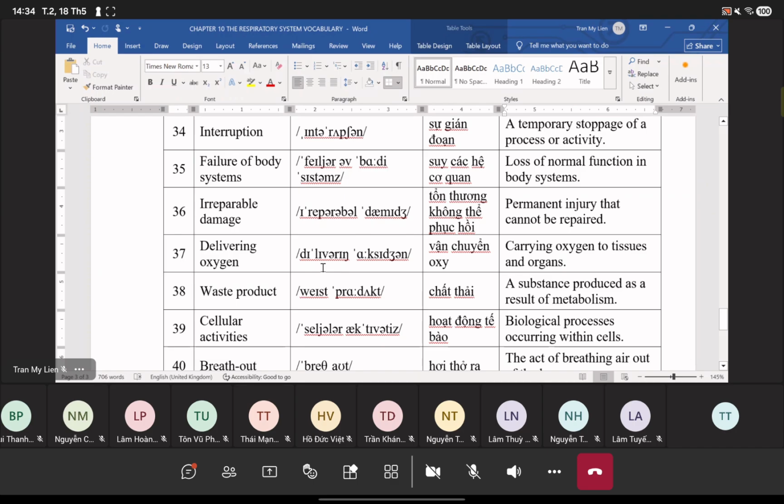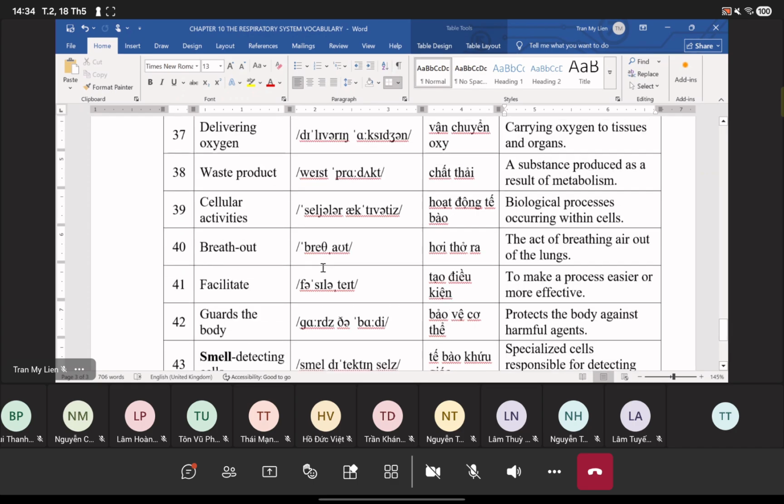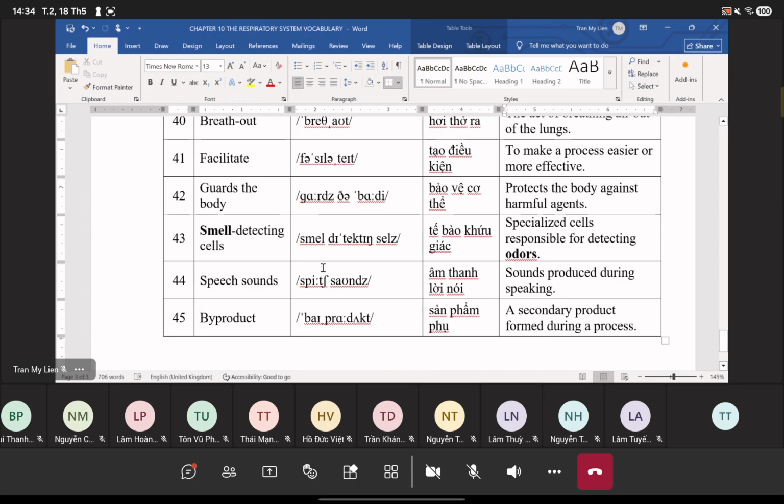Delivering oxygen. 38. Waste product. 39. Cellular activities. 40. Breath out. 41. Facilitate. 42. Guards the body. 43. Smell detecting cells. 44. Speech sounds. 45. Byproduct.